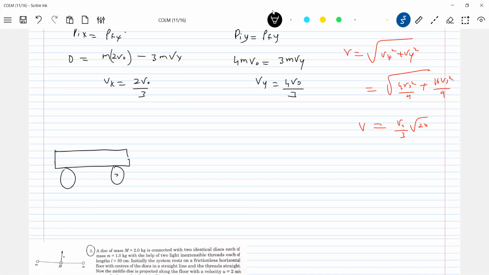If a trolley is moving with a speed v naught, and a person with a parachute will slowly land onto the moving trolley.